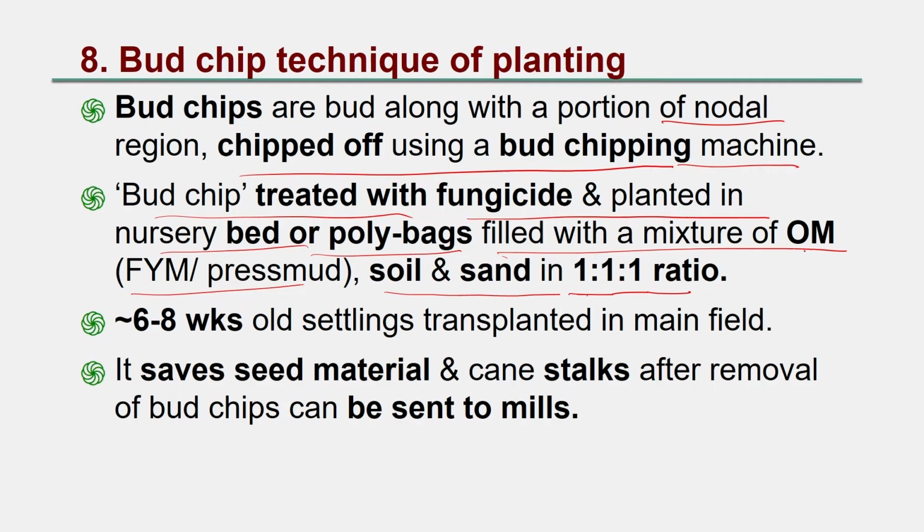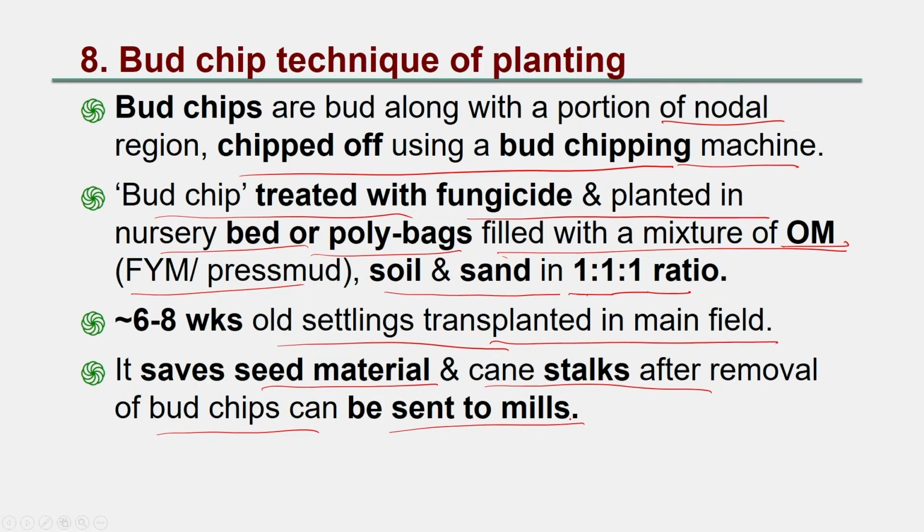That means 1 ratio of organic manure, 1 ratio for soil and 1 ratio for sand. About 6 to 8 weeks old seedlings or setlings are transplanted in the main field. It saves seed material, and cane stalks after removal of bud chips can be sent to the mill.